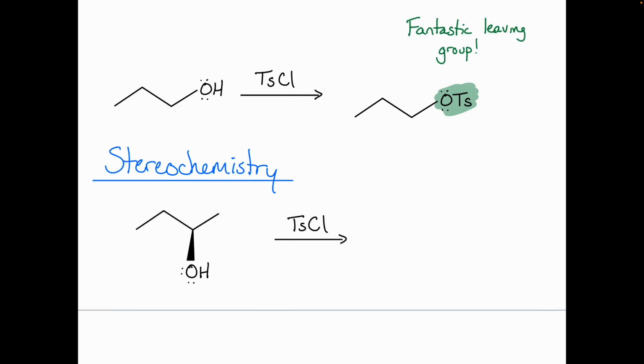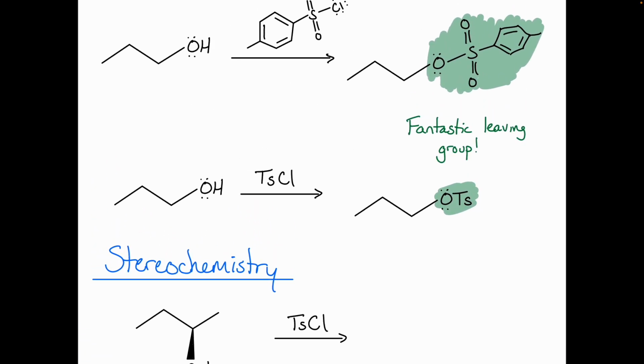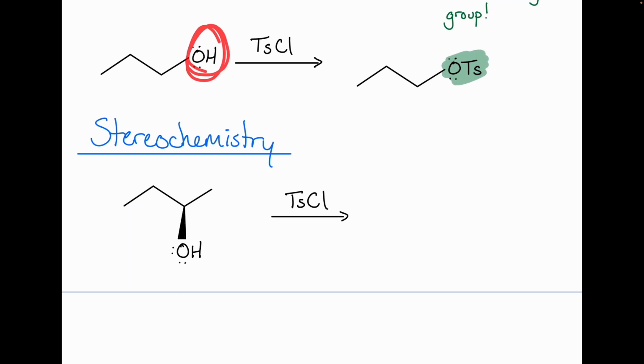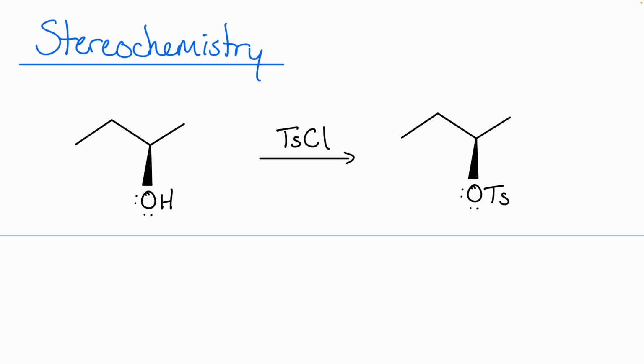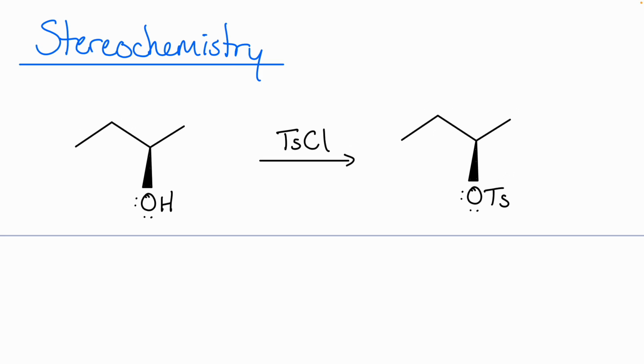Okay, well, importantly, this molecule is not reacting at that carbon, right? My carbon here isn't what was reacting in this reaction. It was the oxygen of my alcohol group. So since there's no reaction occurring at that chiral carbon, we don't have any sort of stereochemical inversion. We just get that same stereochemistry in our product. So we get no inversion. It's not even reacting at that carbon.